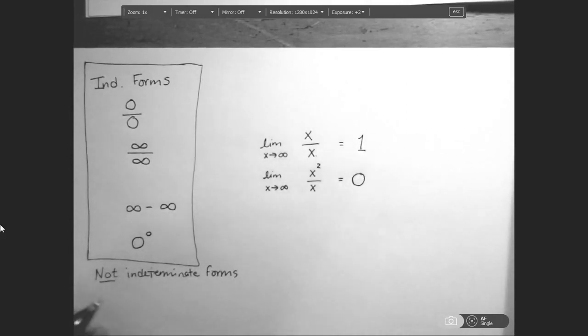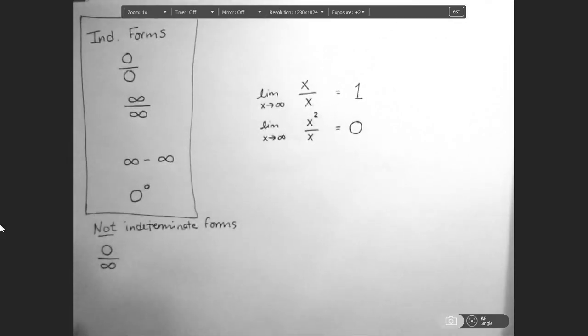So a common one that people tend to think is indeterminate, that isn't, is maybe 0 over infinity. I have infinities, I have zeros, but this is not an indeterminate form, in part because I have something in the denominator and I have 0 in the numerator. It doesn't matter what the denominator is.